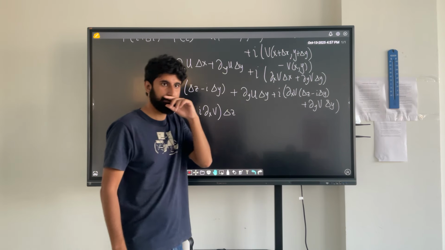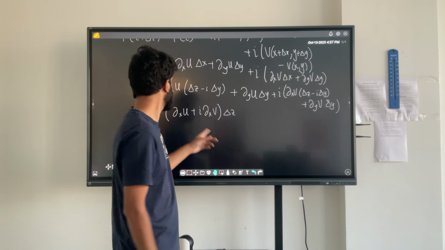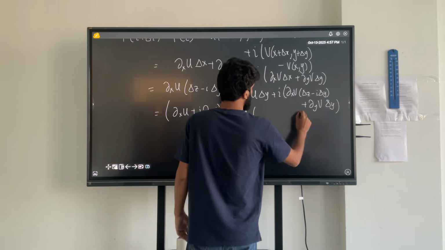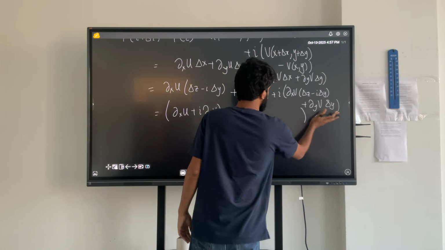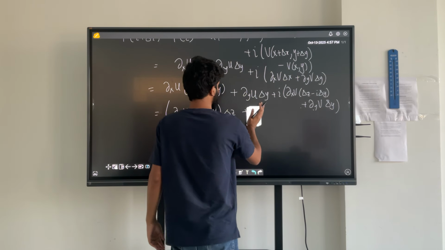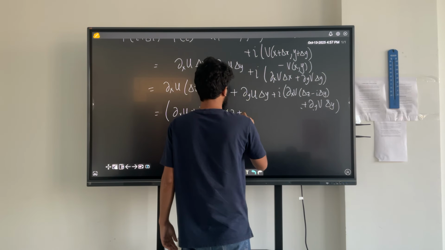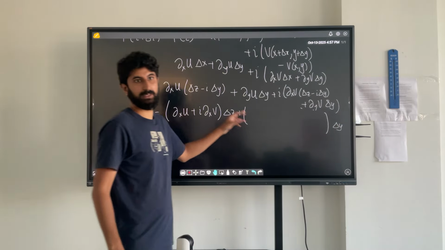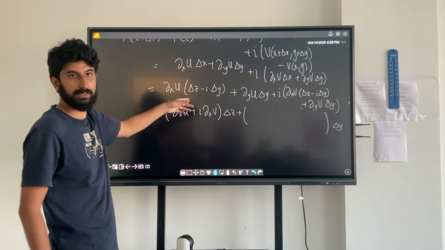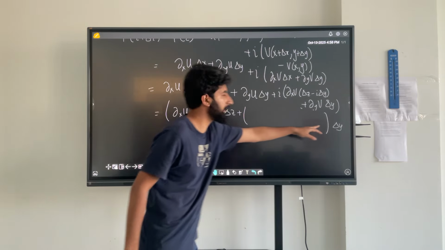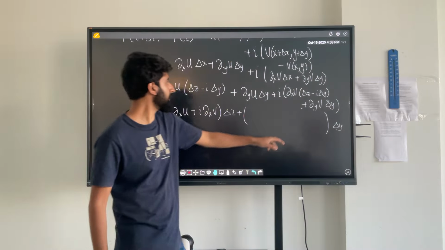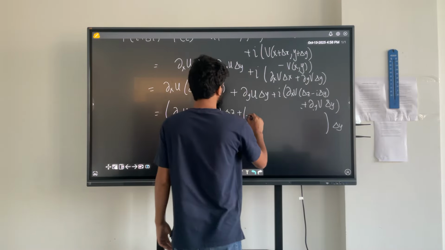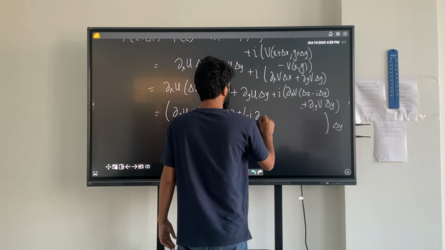Plus, what do I get for delta y? Can you tell me the term? What do I get for delta y? The terms with delta y: minus iota times partial x of u.